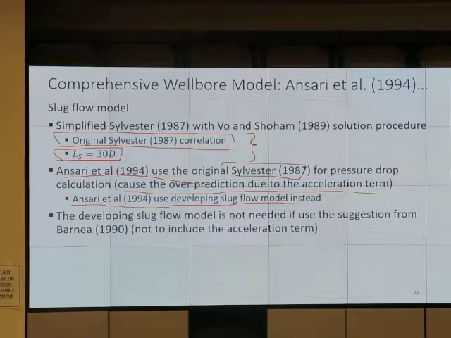A developing slug flow model is not needed if you use the suggestion from Bunny: do not include the acceleration term, or use the equation we talked about at the beginning of the class, adding the two equations together to cancel the tau I. So basically they made a little bit of a mistake. First, they originally used the acceleration term.